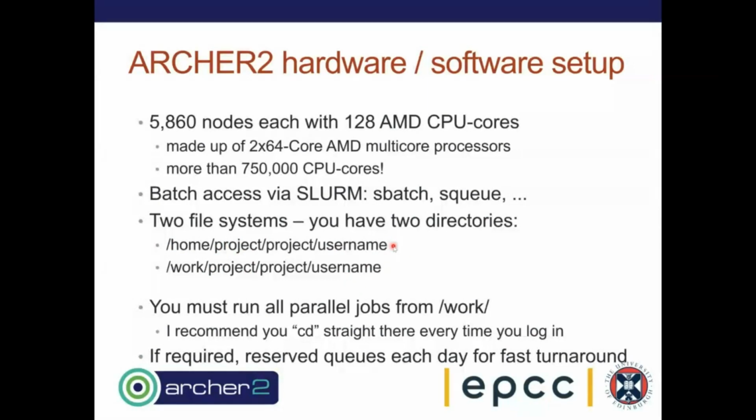You can do what you like there, but when you need to run jobs, we have to have all the data and all the application code on the work file system, which is set up in exactly the same way. If you've got a directory called /home/TA105/TA105/ and your username, the work file system is exactly the same. It just starts off with work.